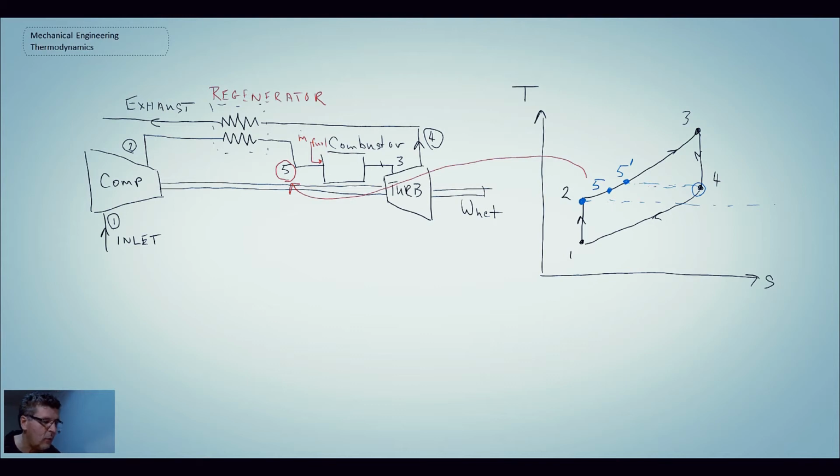When we have regeneration, we refer to the effectiveness of the heat exchange, and that is given the symbol epsilon.